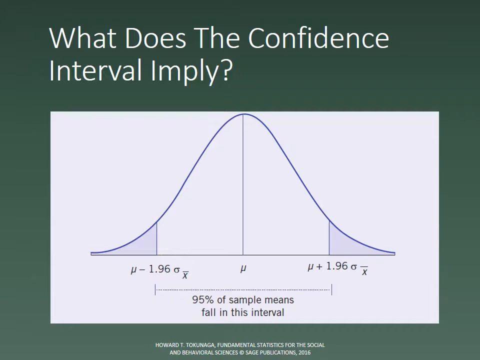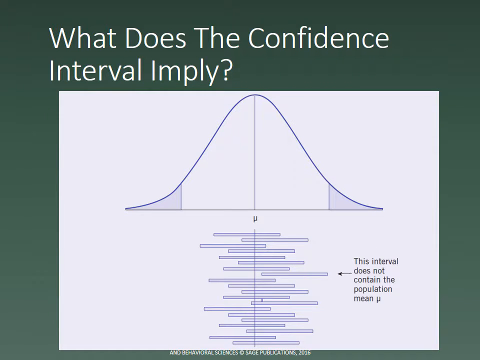And in between those two values, 95% of the sample means will fall in that interval. Another way to think about that, a little easier way, is looking at this image where we have, again, the normal curve with the two cutoff points and then the sample intervals, confidence intervals.